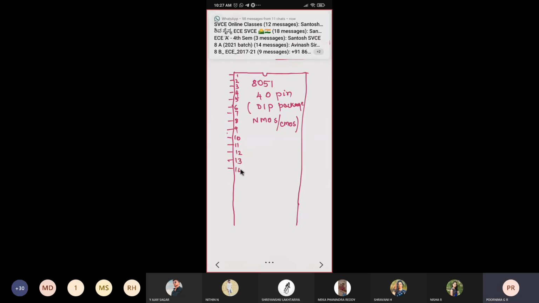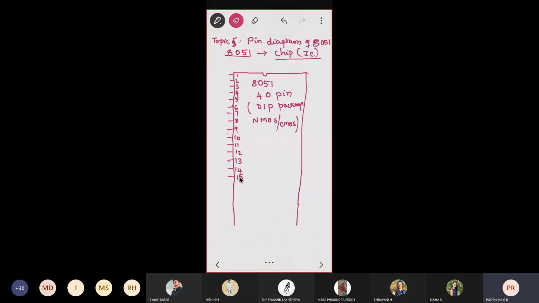I'll first write the pin diagram and then I'll explain the pin details. 16, 17, 18, 19, 20. So left side 20 and right side also you can see 20.